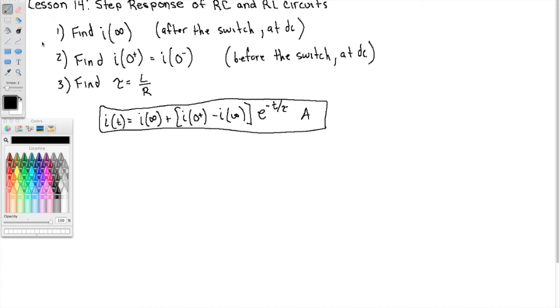I'm going to keep the methodology up here, and I'm going to draw the circuit down here. So let's say we have a 10-volt source and a 2 ohm resistor, a 3 ohm resistor, and a switch here that is opened at t equals 0.